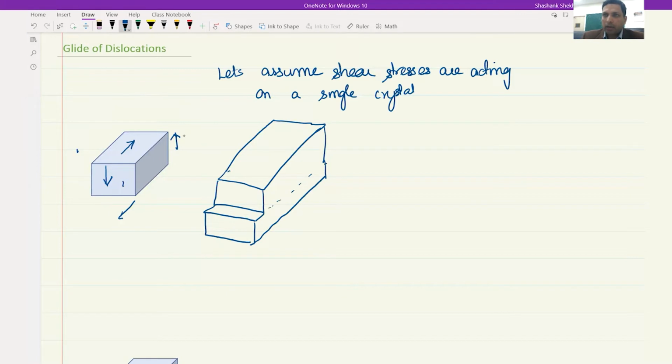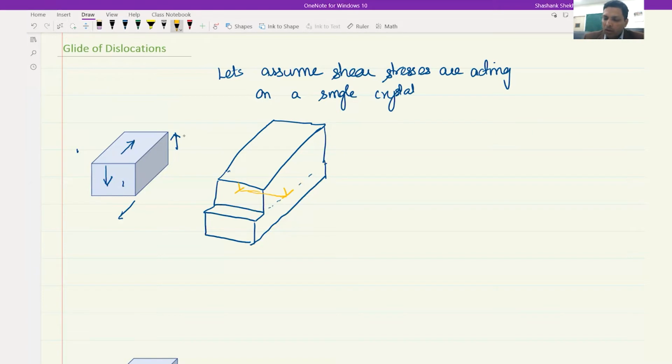In this case, let's say that this is an edge dislocation. It is this plane on which the edge dislocation is generated, and it led to the generation of a step here.